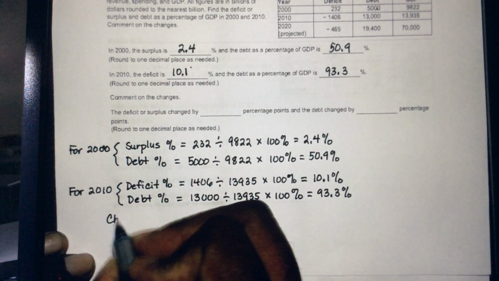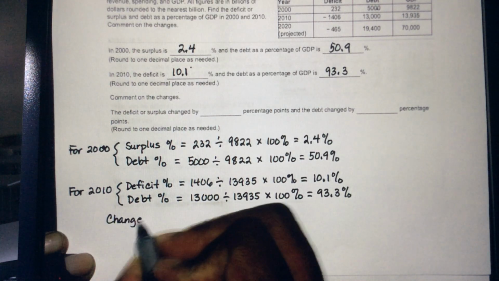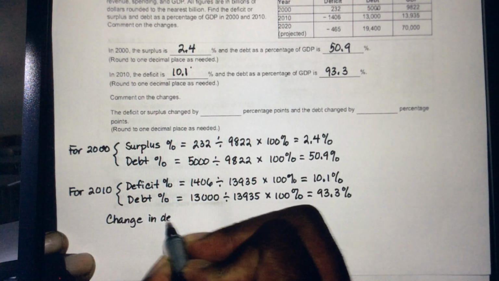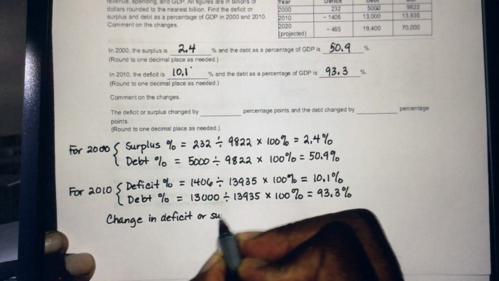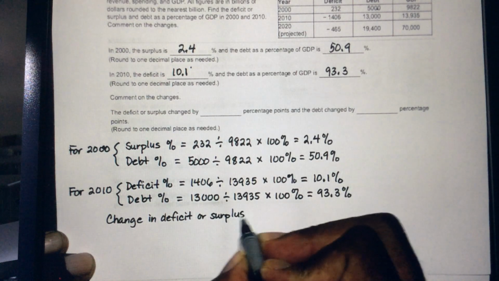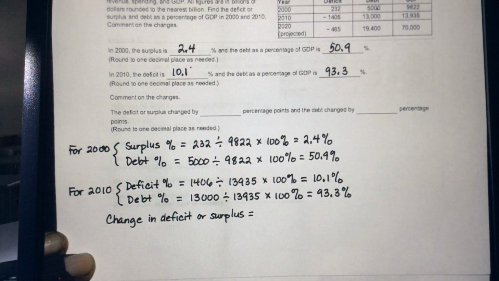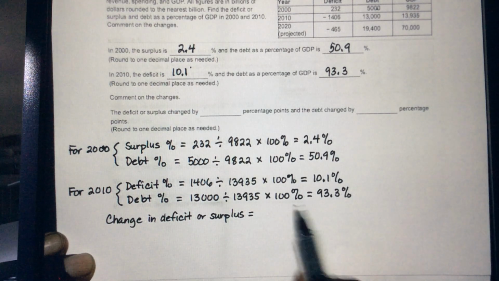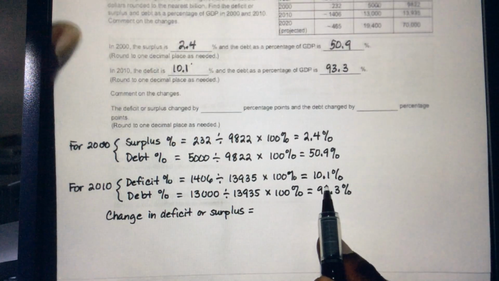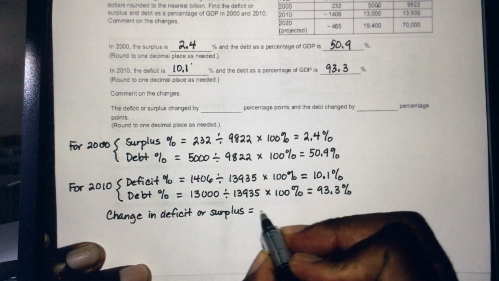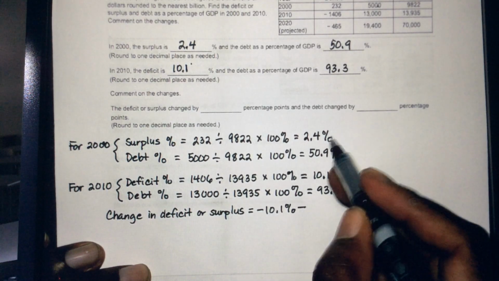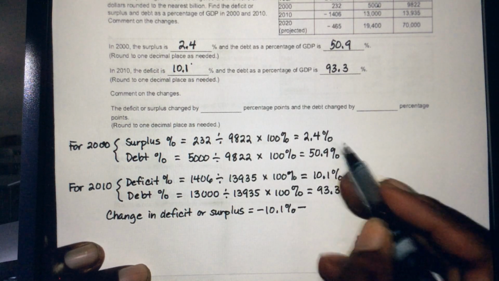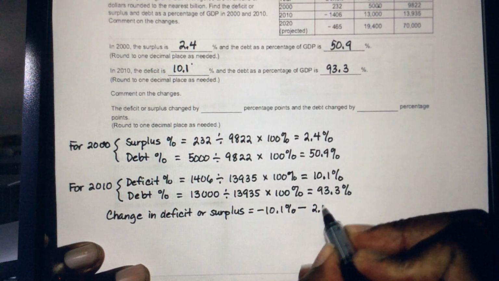So here, your change in the deficit or surplus: we had a deficit of 10.1%, so we're going to say negative 10.1% minus the surplus in 2000, which was a positive 2.4%.